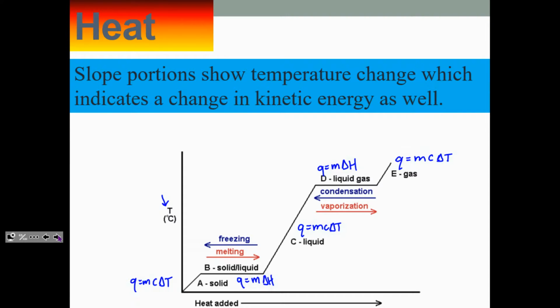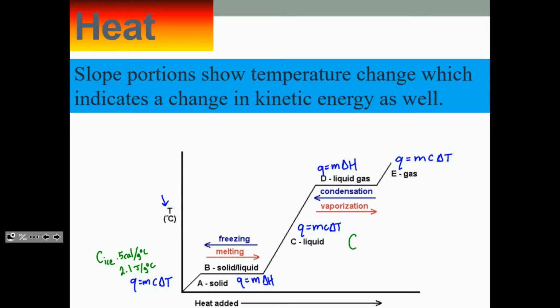A couple other values I would add. Right here, I'm going to take my values. The specific heat for ice is 0.5 calories per gram Celsius, or 2.1 joules per gram Celsius.